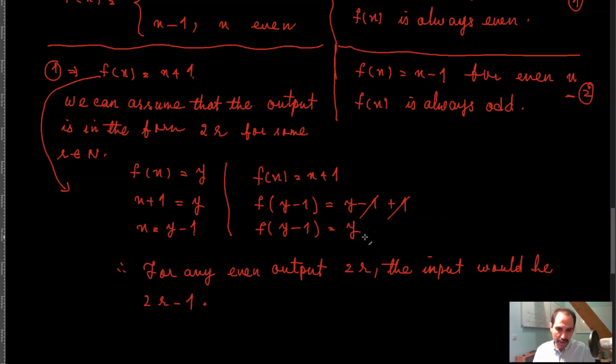Which means that all the even outputs are now taken care of. So all the even outputs in the codomain will have some element mapped to them, which means that none of them will be left alone.